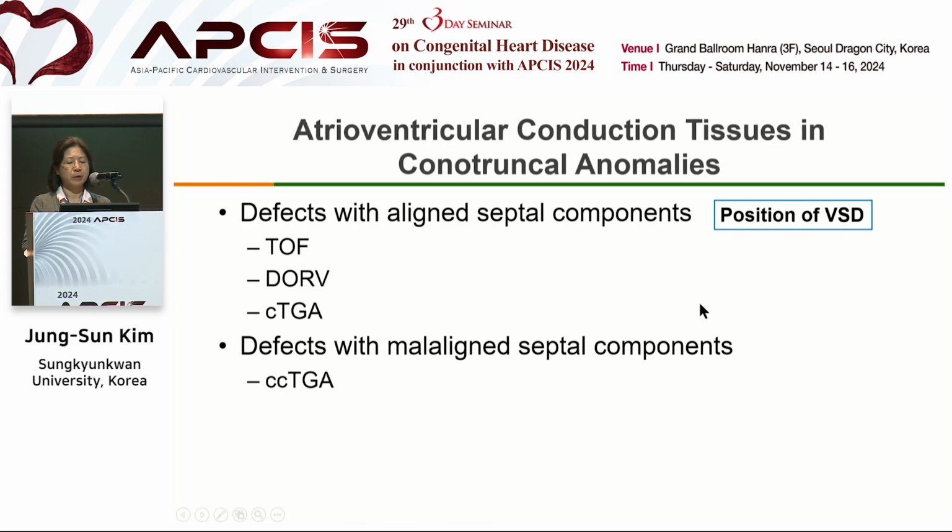Ventricular septal defect is usually associated with the majority of conotruncal anomalies. The cases with malaligned septal components, such as corrected TGA, have atrioventricular conduction tissue at a very unusual location.